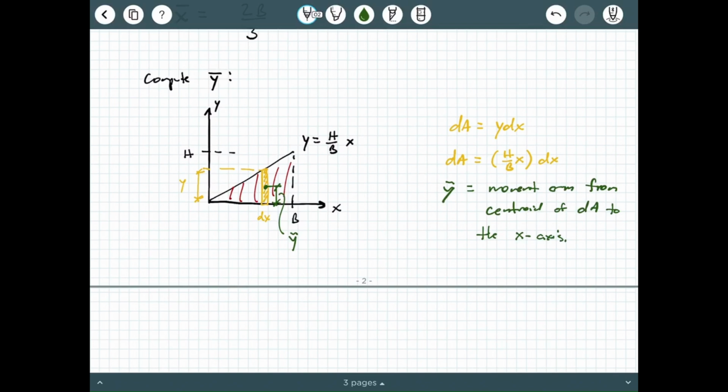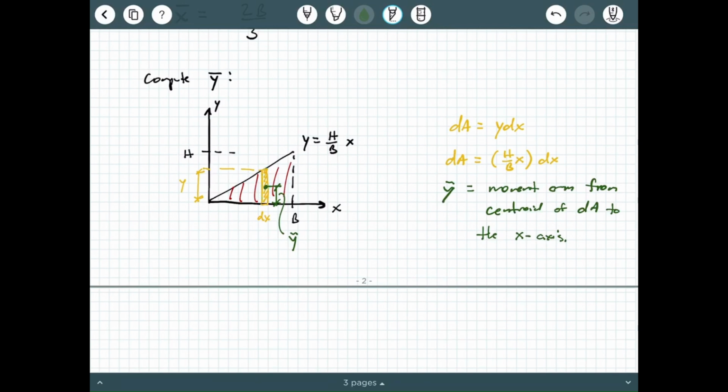So what is y tilde in this particular case? Well, let's think about it. dA right here is measured from the x-axis up to the function, right? This thing is dA, so the height of dA is always y.